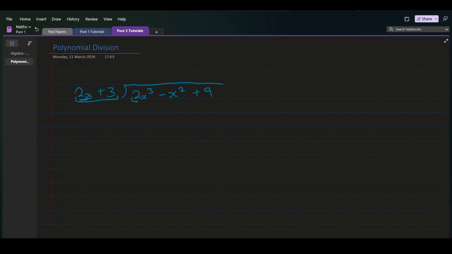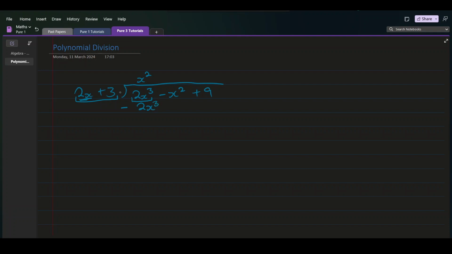So you come to the first term, that's 2x cubed, and you say 2x cubed divided by 2x, you get x squared. And then you're going to multiply the x squared by the divisor. So it's x squared times 2x, and we have a minus sign over here. So x squared times 2x gives us 2x cubed.